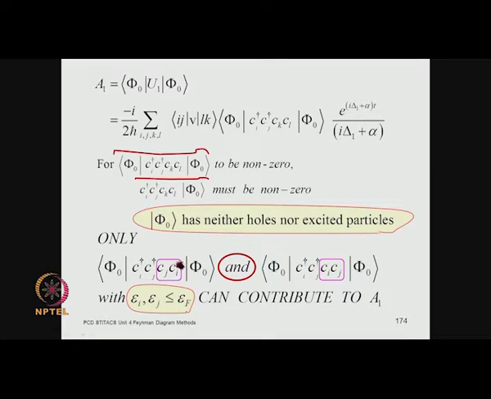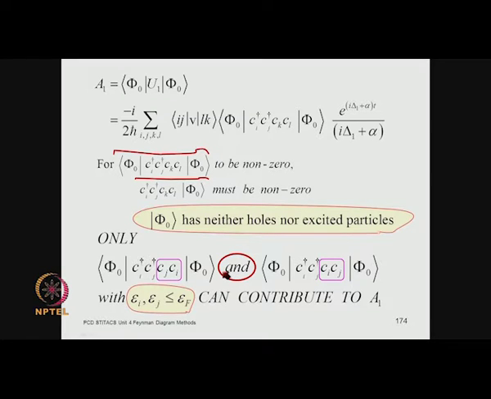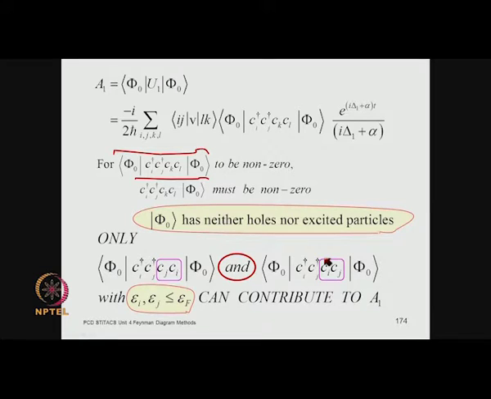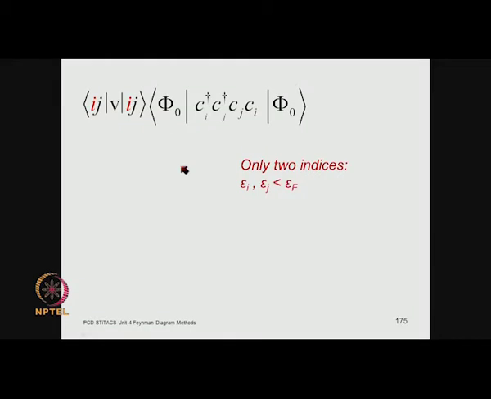But when you destroy them in one order versus the other, you will have contributions with opposite signs, because c_i and c_j are fermion operators which anti-commute. So, these are the only 2 possibilities which you are going to consider. Let us consider this further, and you have only these 2 indices, which are both below the Fermi level.